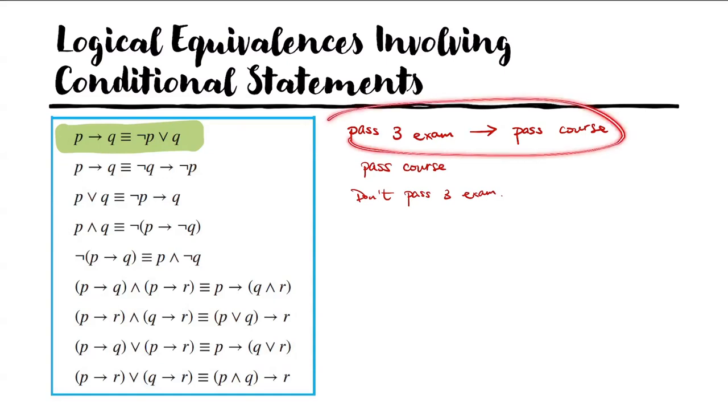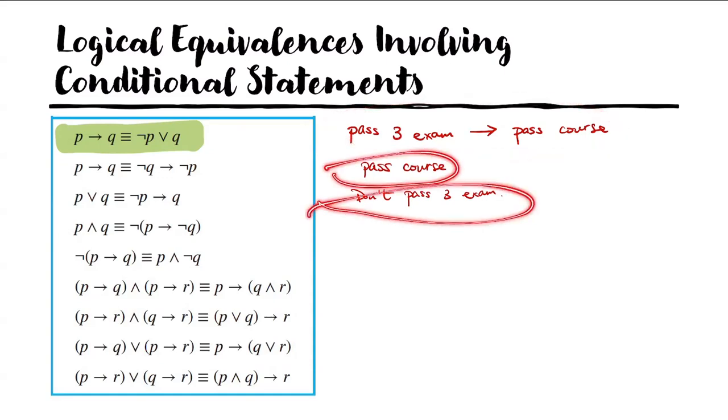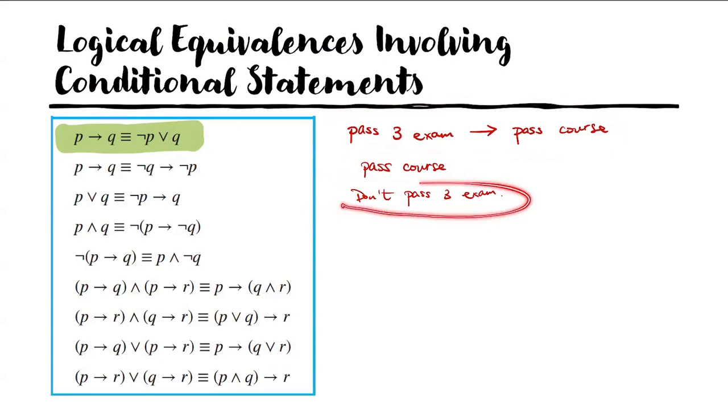So this is saying that a student will either pass the course or they don't pass the 3 exams, right? So pass the course is the Q here, or they don't pass the 3 exams. So that's here. Any questions?